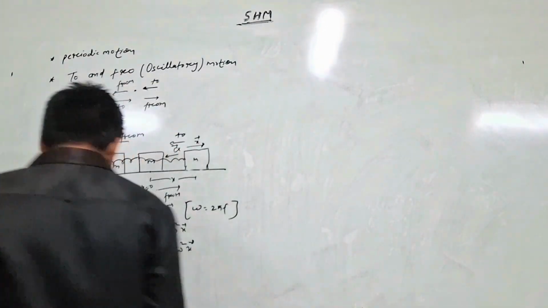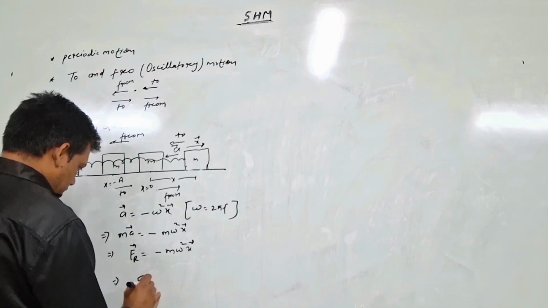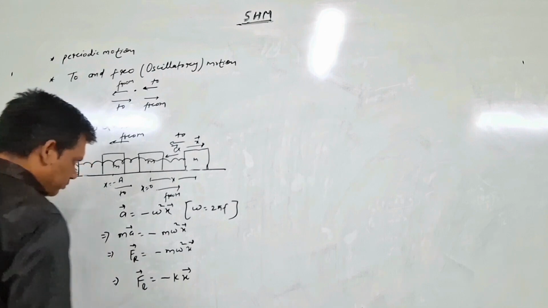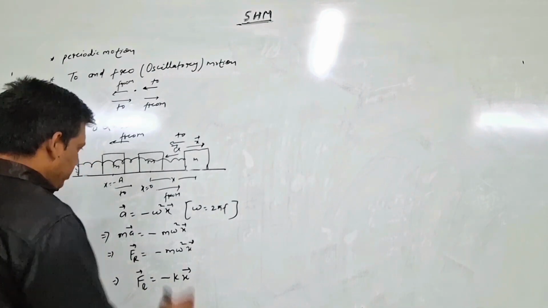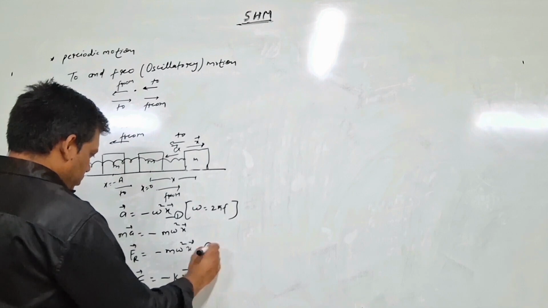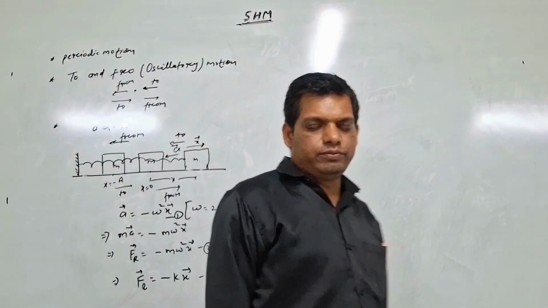We can also write it as F_R is equal to minus kx. We can label these as equation 1, equation 2, equation 3 in this way.